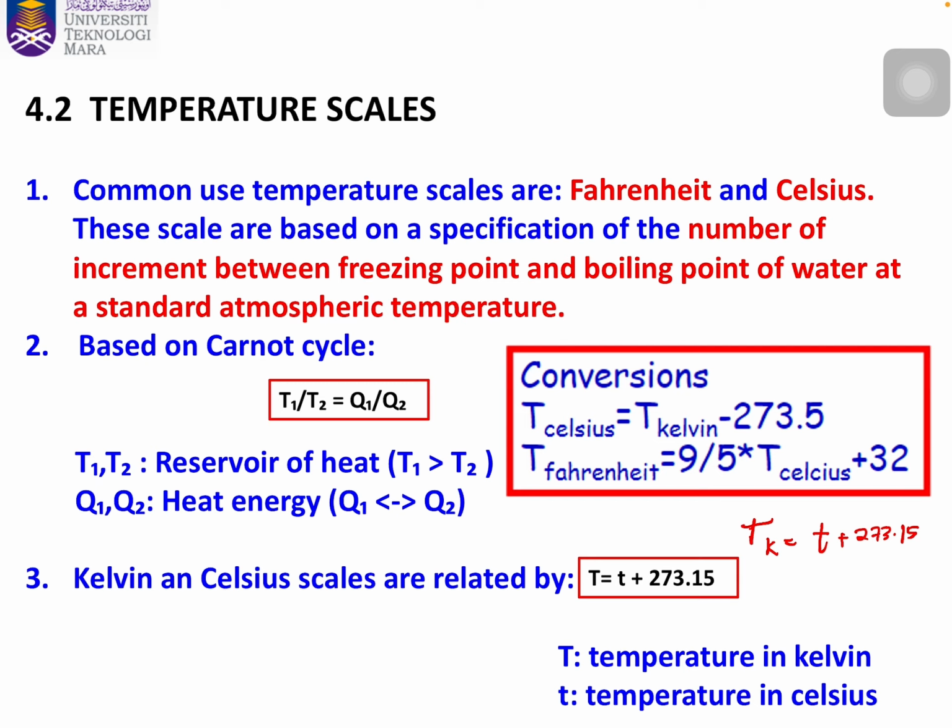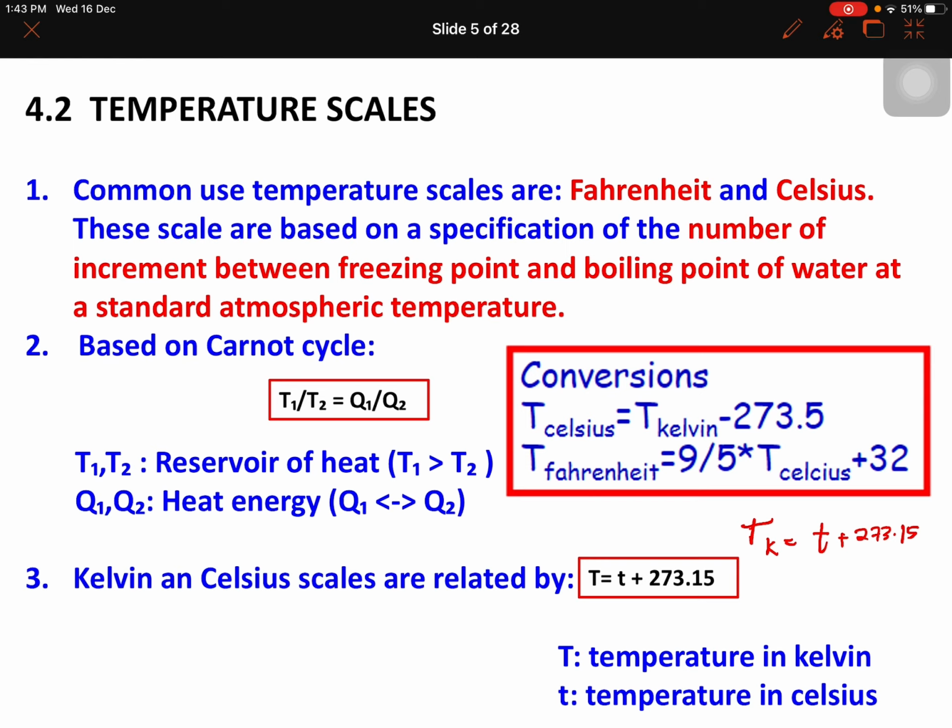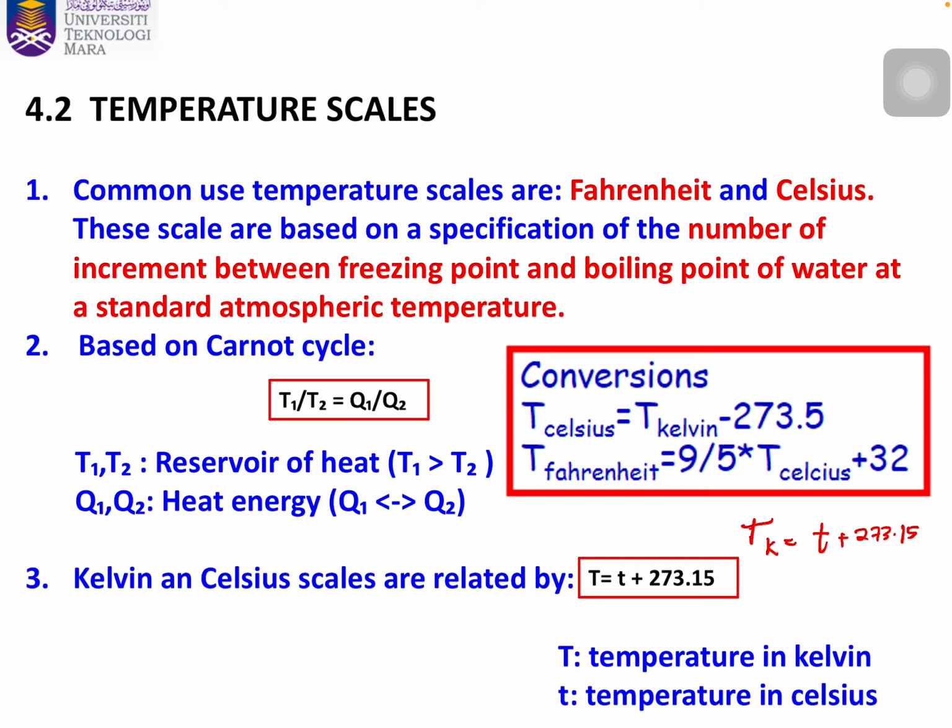We know from the Carnot cycle, T1 over T2 equals Q1 over Q2, where T is the reservoir of heat and Q is the heat energy. You have learned before conversion from Celsius to Kelvin and also conversion from Fahrenheit to Celsius. Kelvin and Celsius scales are related by T equals T in Celsius plus 273.15.